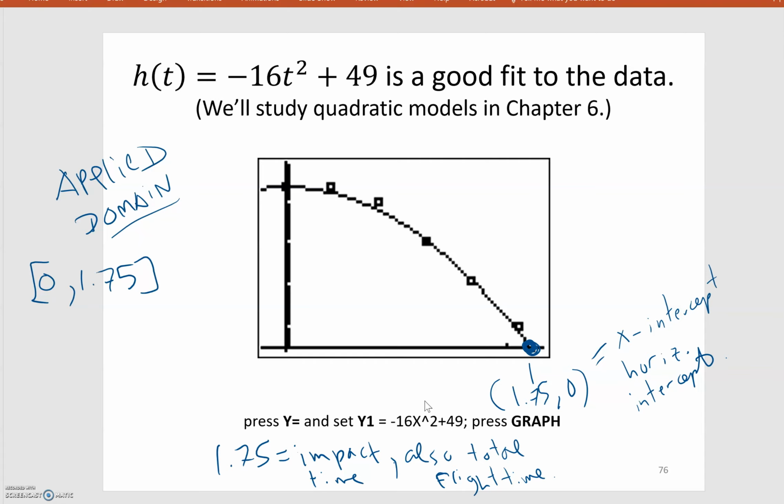The range for this function, and again, this would be the applied range, which we're going to use in the application, right? Well, it's going to be from 0, because the range is the height, so it's going to be 0 height up to the top, which was at time 0.